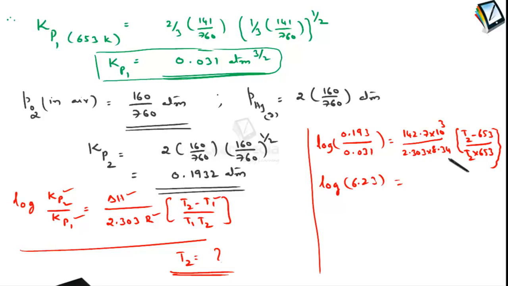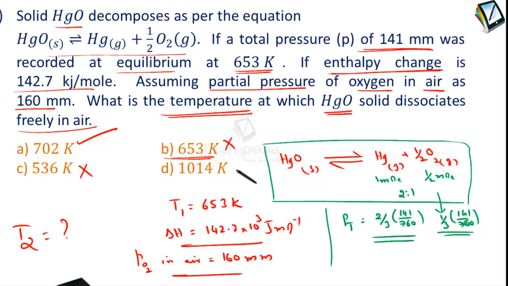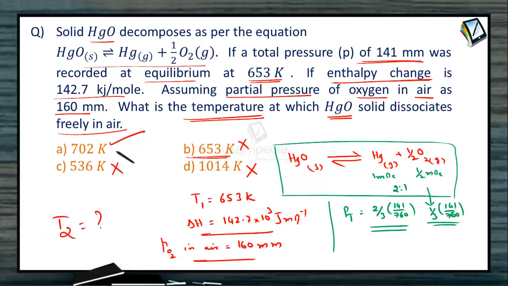In other words, if this right hand side, by substituting 702 Kelvin in the place of T2, comes out to be log of 6.23, then we are right. So we need to check by putting T2 equal to 702 Kelvin and cross-check whether we get log of 6.23 or not. That is the better way of simplifying and answering the question rather than going for each and every value. So the answer comes out to be 702 Kelvin rather than 1014 Kelvin. Hence the answer is A.